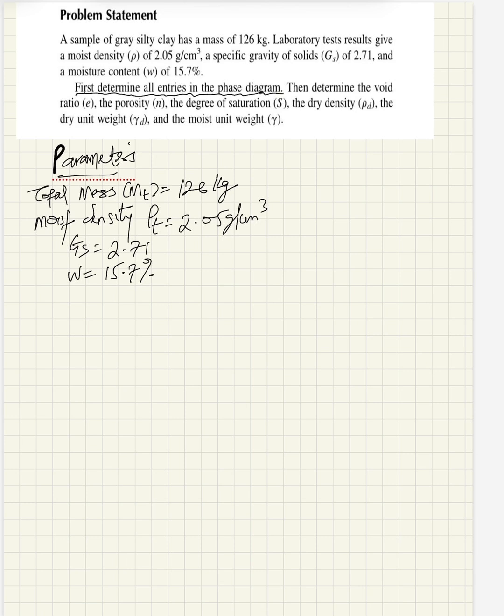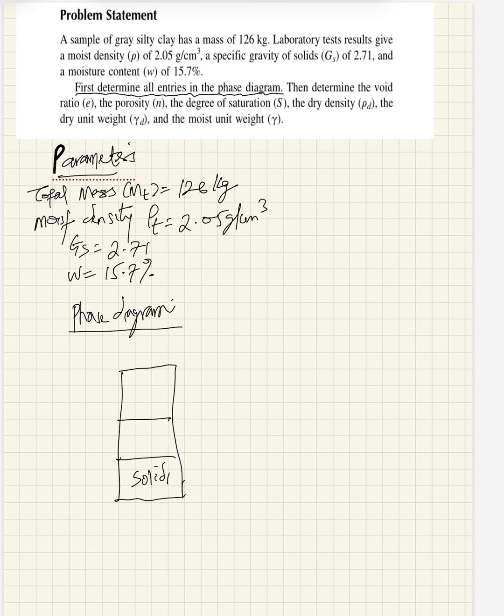So what are the entries in the phase diagram? If you draw your phase diagram, we have three elements. We have solid, we have water, and we have air. On the volume component, we have the volume of solid, volume of water, volume of air.